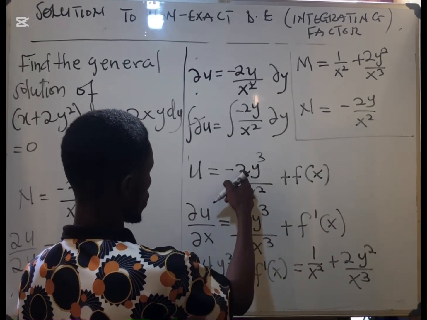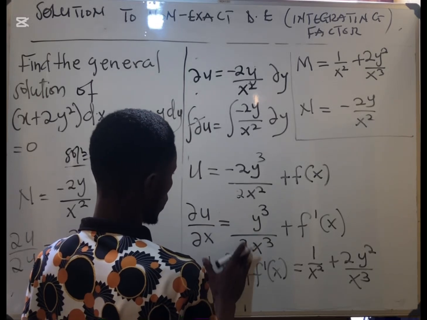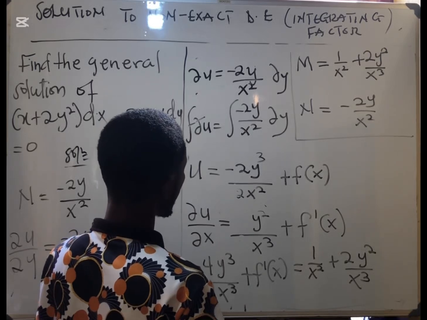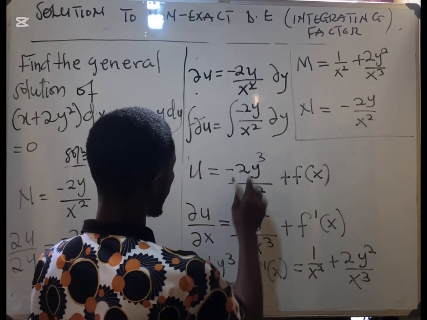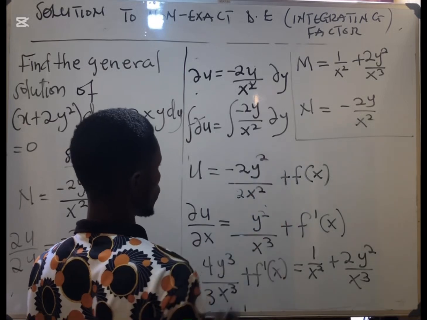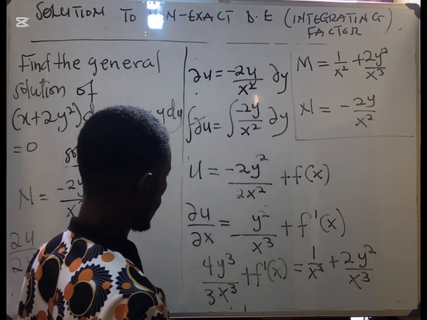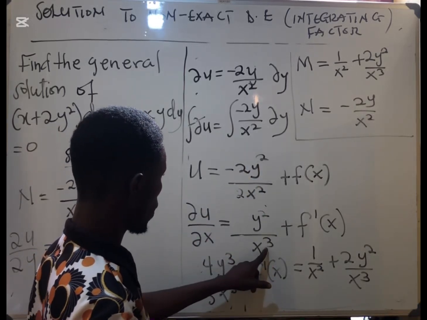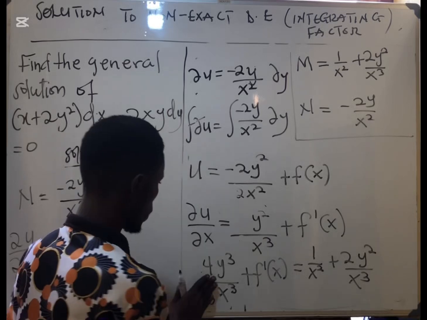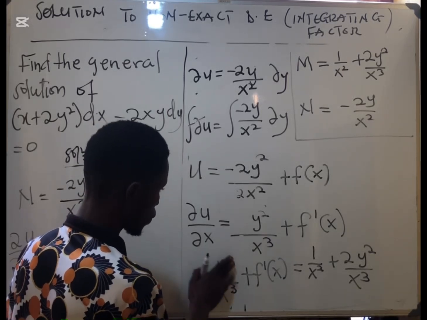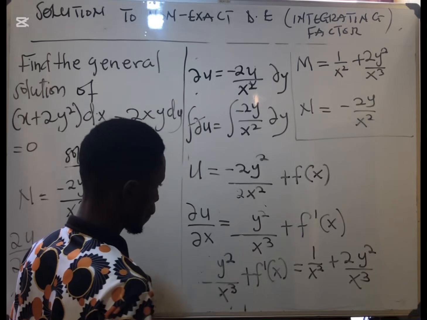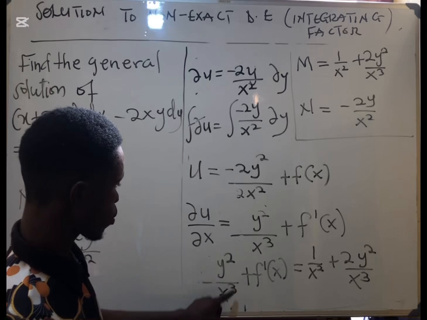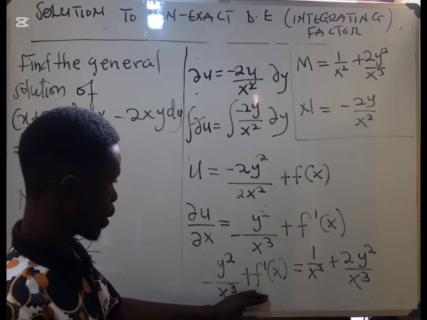So these two will be cancelled with these two, so that here nothing will be left there, and here will be squared. Now when we differentiate this one, yes, this one becomes cubed. So now this side nothing will be there. Okay, so now this is what we have: y squared over x cubed plus this equals to that.